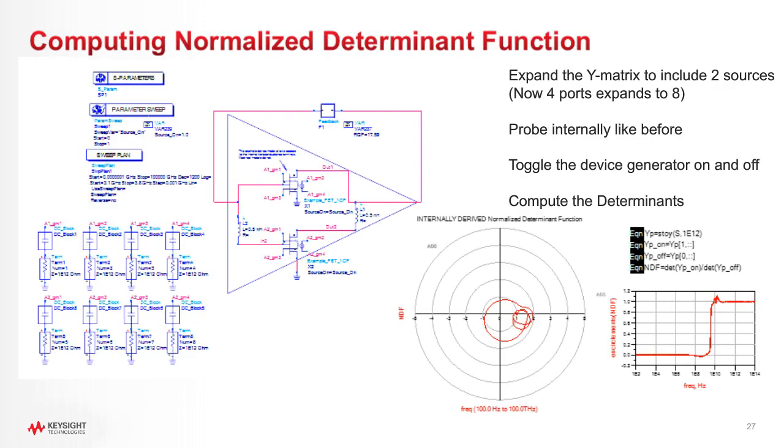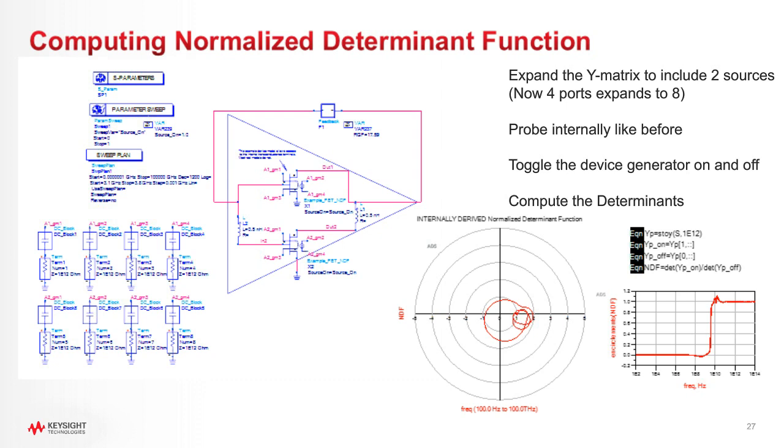So I made a little more of a complex example. If you have one active device, the normalized determinant and the return ratio are essentially the same thing. So I made an amplifier with 2 different transistors, and I had a feedback block. Hopefully you can see it on the slides, but I actually went into those transconductances and applied the high impedance terminations to all of those terminals of the transconductance.